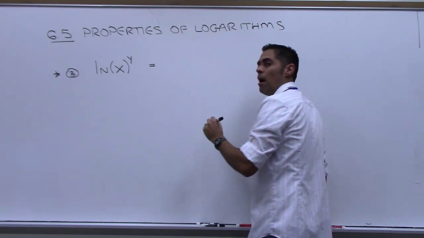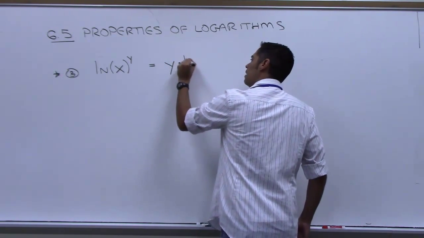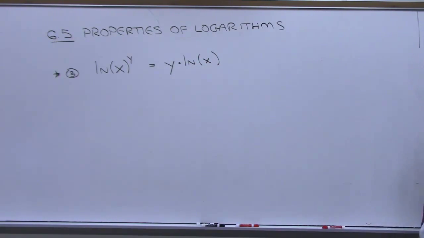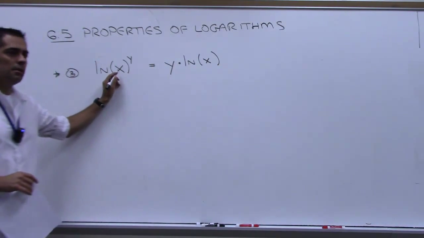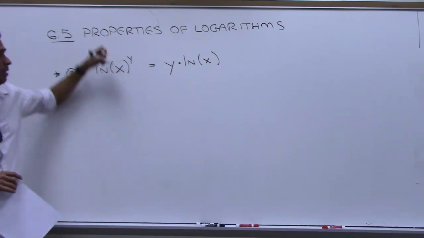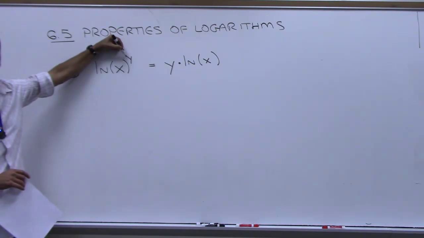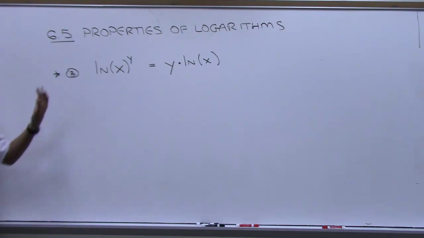So what happened to the y? It comes out front. y times natural log of x. So if you have a power on the argument, the argument of this log function is x, isn't it? If there's a power on that argument, the power can come out in front. That's weird, huh? Why can you just drop the power out? That's kind of strange, isn't it?